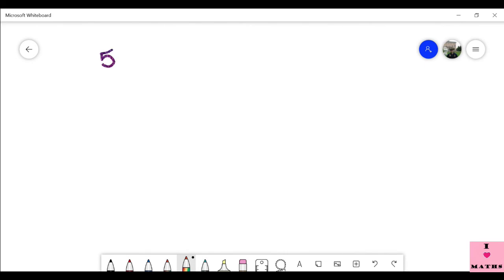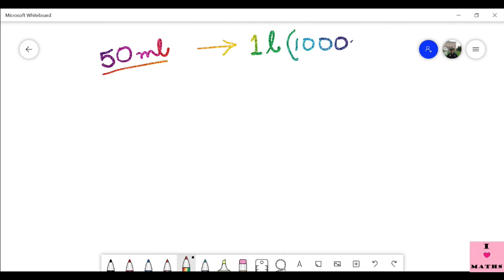If we have a 50 milliliter bottle and with this bottle we want to fill up 1 liter bottle. 1 liter is 1000 milliliter. So we will divide 1000 by 50.